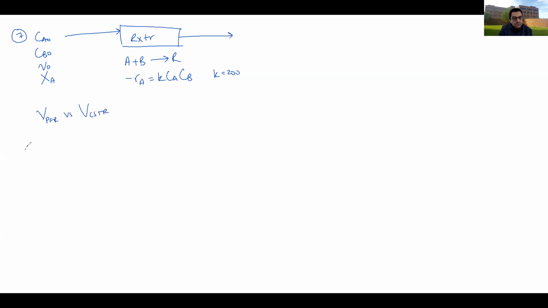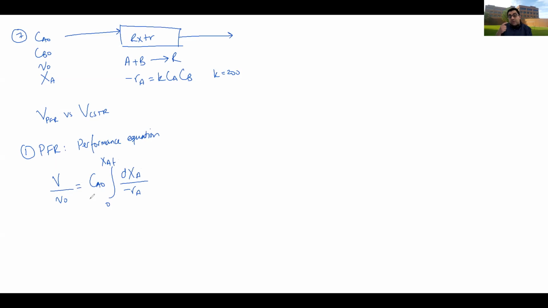So let's start with the PFR, and I'm going to start with the performance equation. The performance equation for a PFR says V divided by V naught is equal to CA naught integral from 0 to XAF of dXA over minus RA.